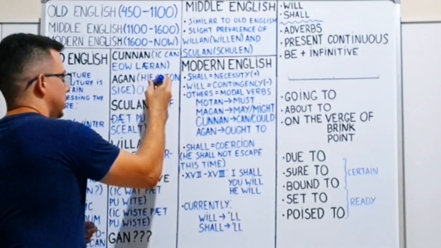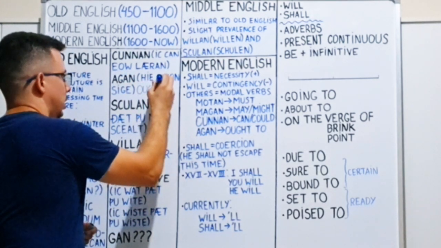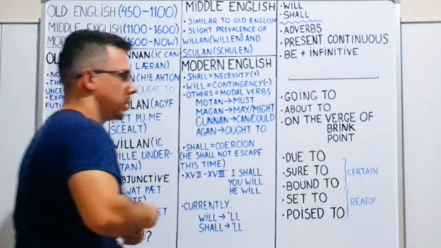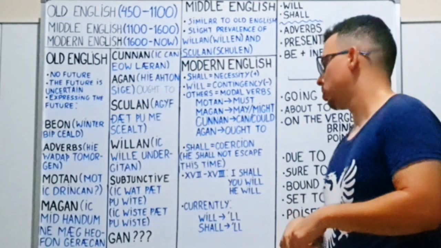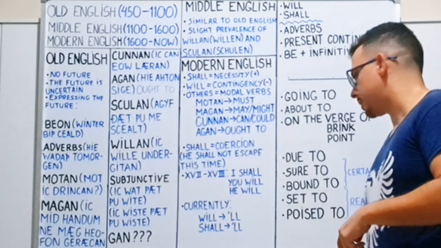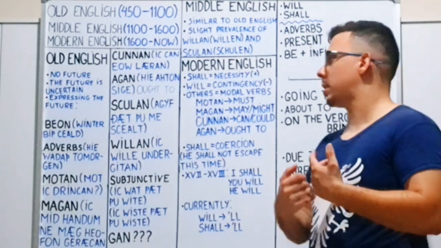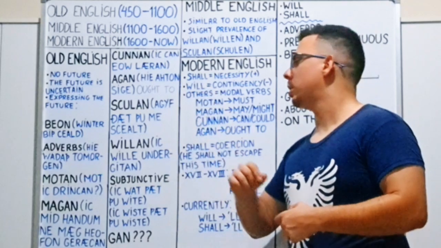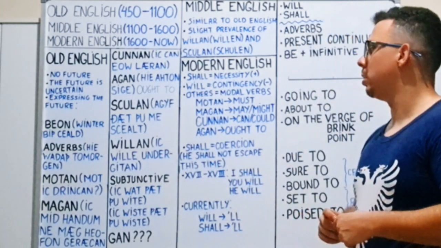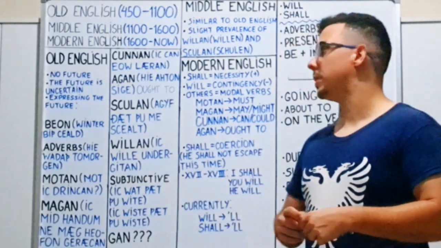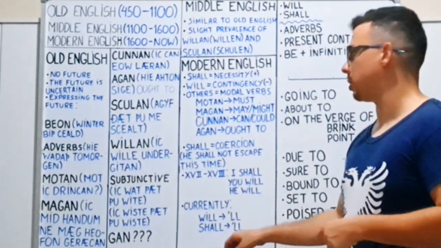Ought to, right? So you want to do this, you want to do that, right? And what is the connection? Ahn, the meaning of ahn was to own, to possess something.